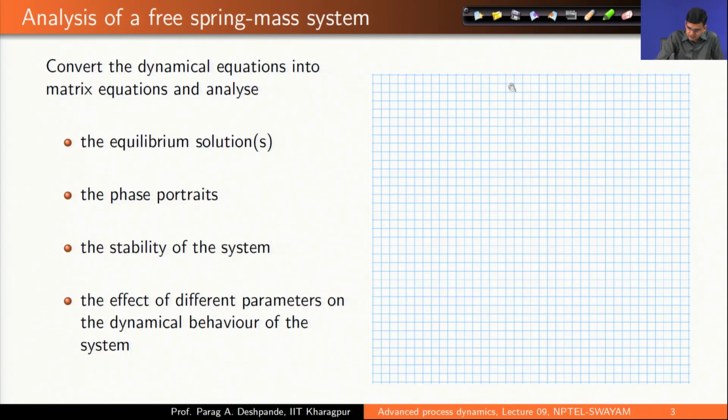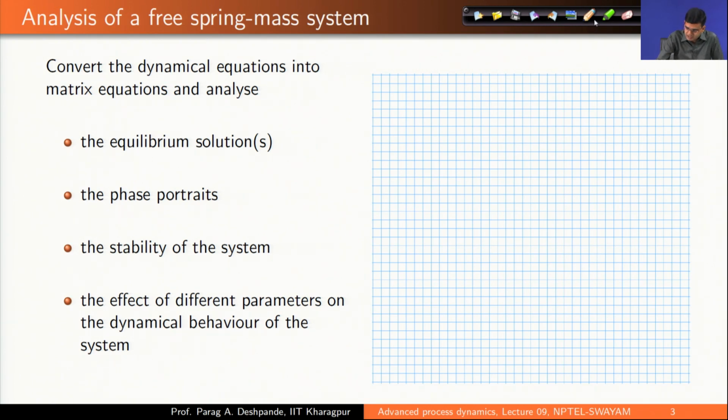What we want to know is this: if we can convert the dynamical equations into matrix equations, we have a second order dynamical equation, and we learned that it is possible to convert them to two first order linear ODEs. We will see whether that is possible in this case also, and once we do that, what are the equilibrium solutions? Can we develop the phase portraits and comment upon the stability and the effect of various parameters.